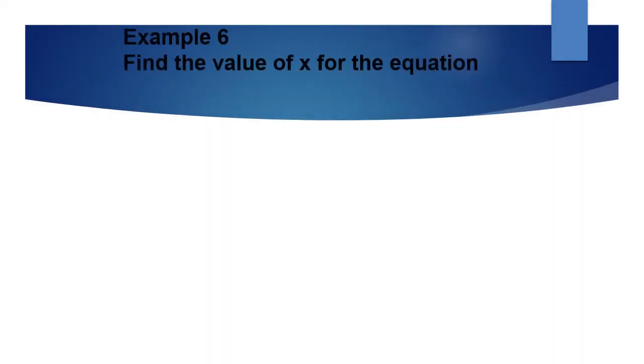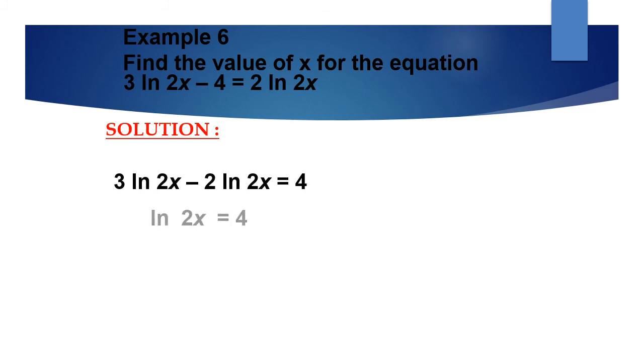Okay, for the next example, and the last example for this lecture: find the value of x for the equation 3 natural log of 2x minus 4 equal to 2 natural log of 2x. How to find the value of x for this one?